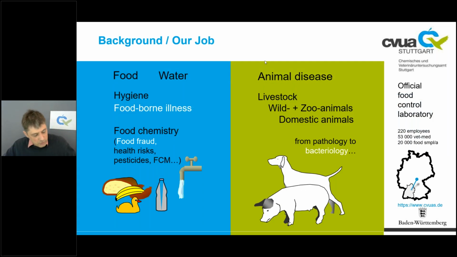Our background: the Chemical and Veterinary Analysis Agency Stuttgart is a regional state laboratory located in Baden-Württemberg in the southwest of Germany. As Maureen said, we are dealing with food control, food microbiology, and any chemical health risk like pesticides or food contact materials.